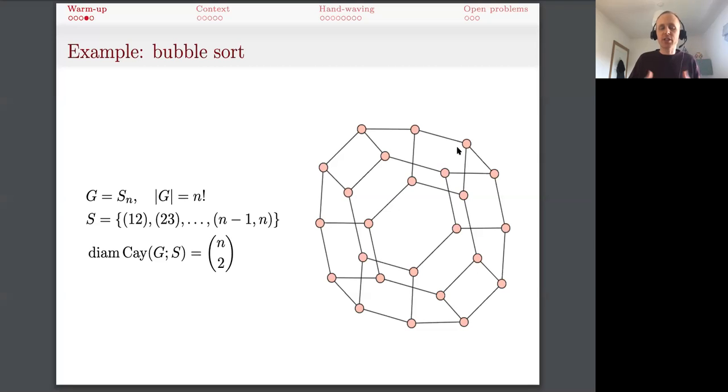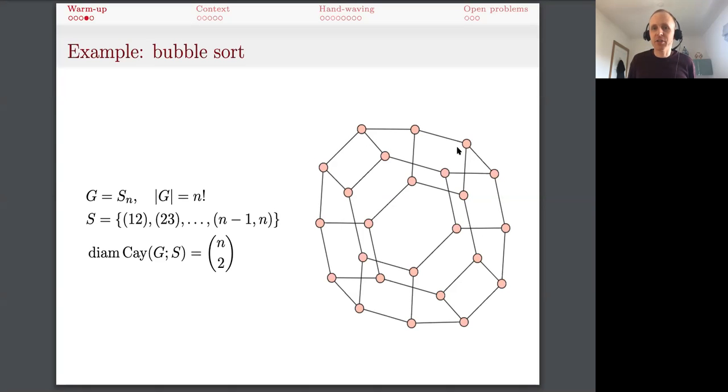And you ask, what's the diameter of the symmetric group with respect to this generating set? This is equivalent to what computer scientists would call bubble sort. If you want to think of this in terms of solving something like the Rubik's cube case, you start with an unsorted list, and you want to sort this list in as few steps as possible by swapping neighboring elements, which is exactly the bubble sort algorithm.